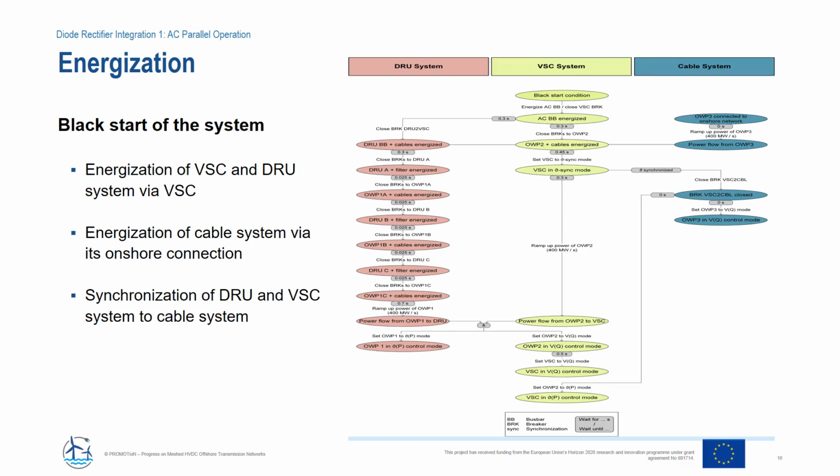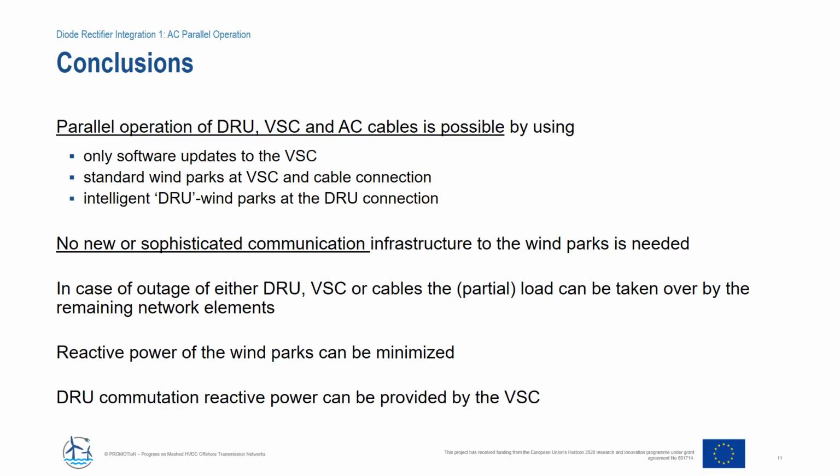The AC cable system, on the other hand, can already be energized from its own AC side, but before connecting these two parts, the DRU plus VSC system then needs to synchronize its voltage phasor to that of the AC system, of course.